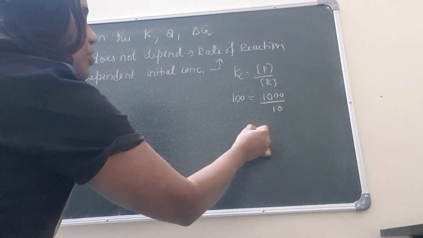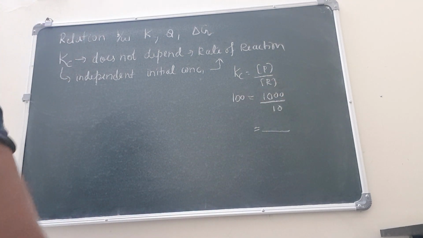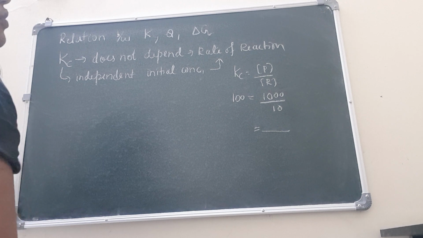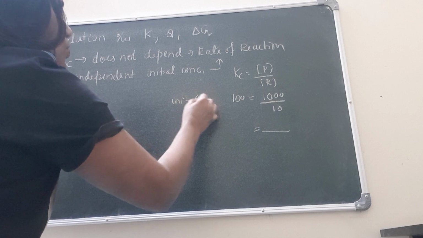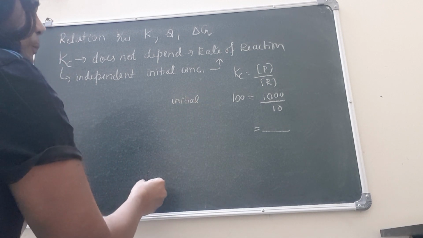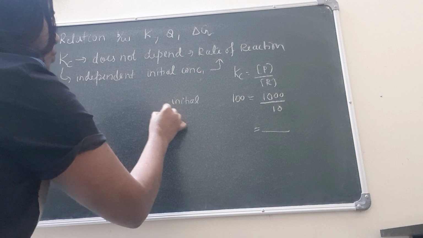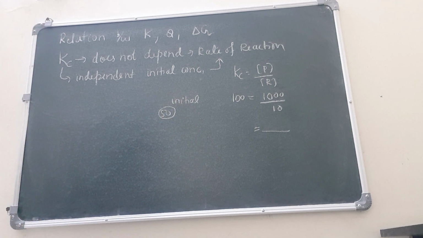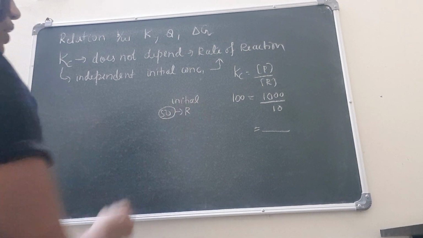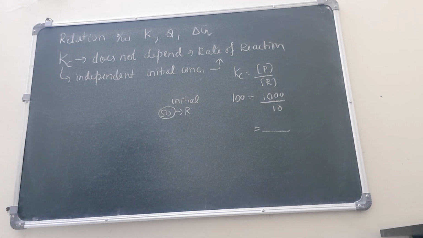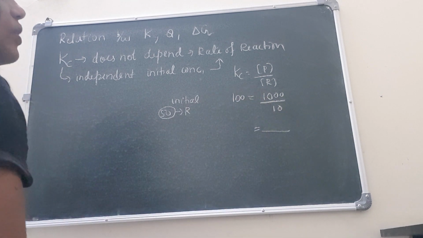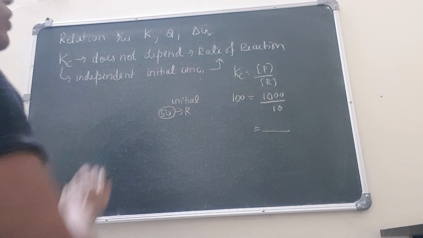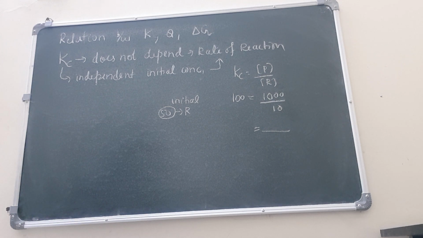Now in the second set of experiments, instead of 10 moles, let us say you started with 50 moles of the reactant. 40 moles got consumed, 10 moles were remaining at equilibrium, and we were getting 1000 moles of the product, for example. So that means the equilibrium constant here is going to be 100.